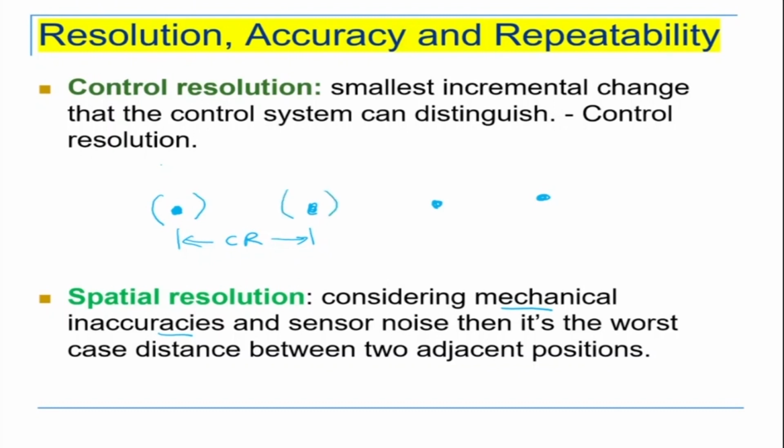This is my spatial resolution. It may go somewhere here, it may go here, it may go here, but it's a region around that point. So resolution is control resolution and spatial resolution, and the manufacturer has to specify both for the system.